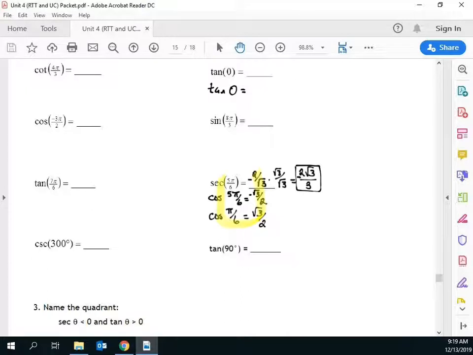So with that over there, we're looking at the tangent of 0. The reference angle is 0. Remember, tangent is the sine over cosine, so it's the square root of 0 over the square root of 4.